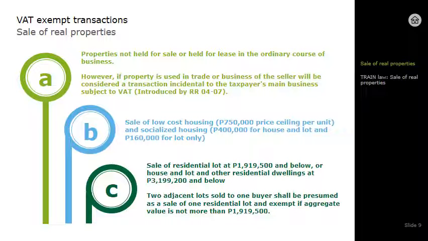Ordinary assets are those assets which are used or intended for sale in the ordinary course of trade or business. So, ulitin natin. Ordinary assets are assets which are used or intended for sale in the ordinary course of trade or business. If an asset does not fall within the definition of ordinary, then that asset is capital.